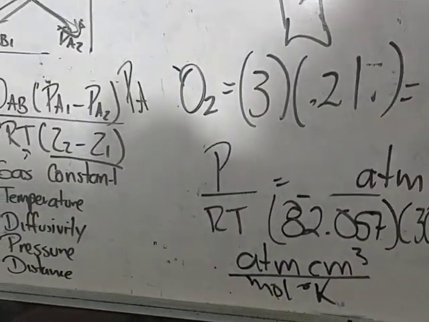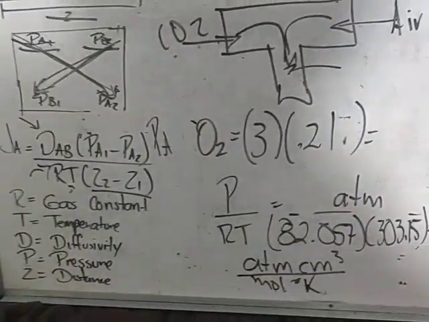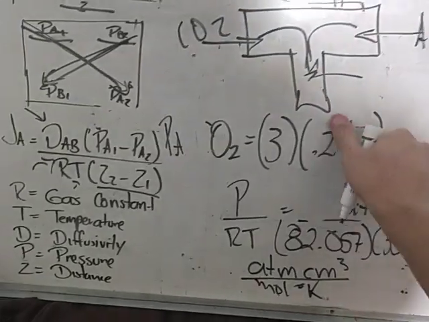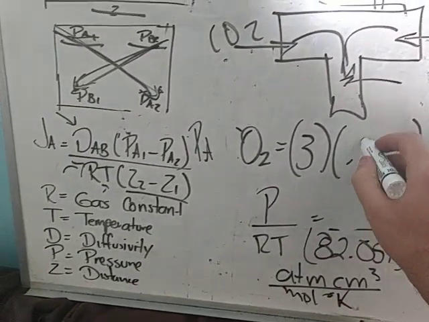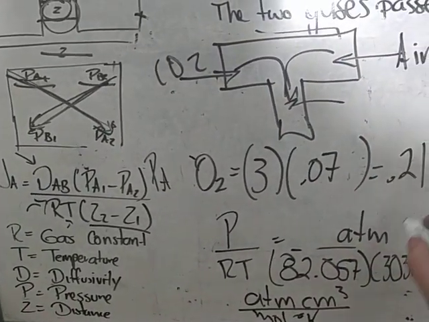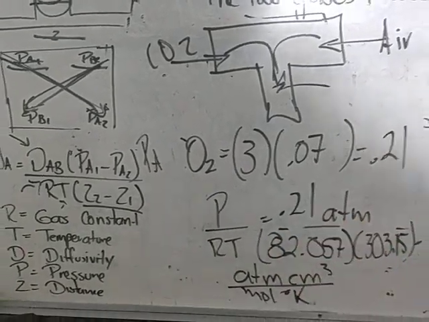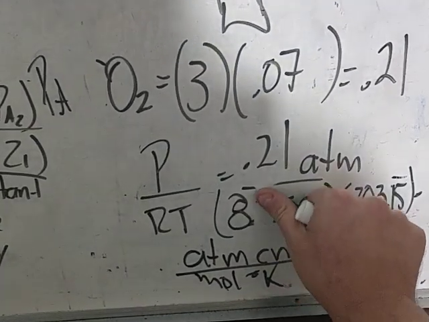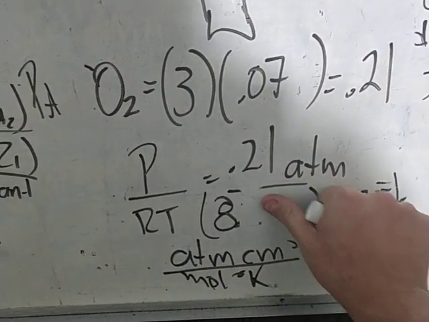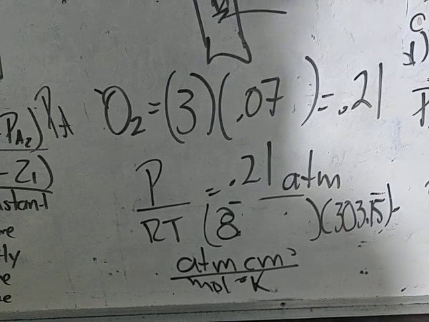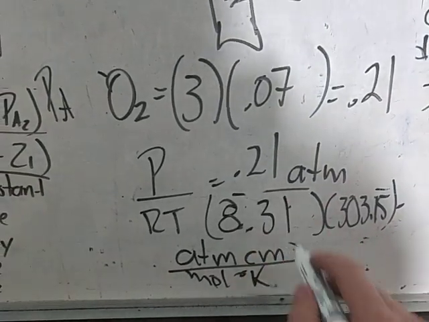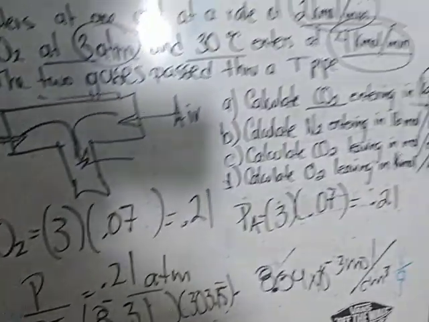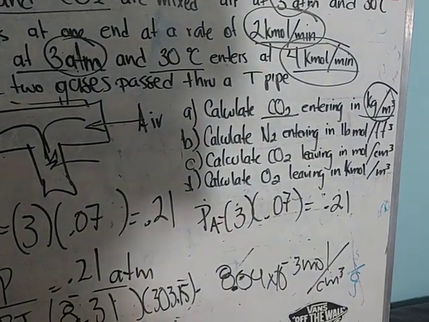The result, well, this one is going to give us the 0.07, and in this one the 0.21, and in this one the 0.21. We're going to change again our constant of gases. Now we're going to use the new constant, but now this new constant we're going to put it in the terms that we need.